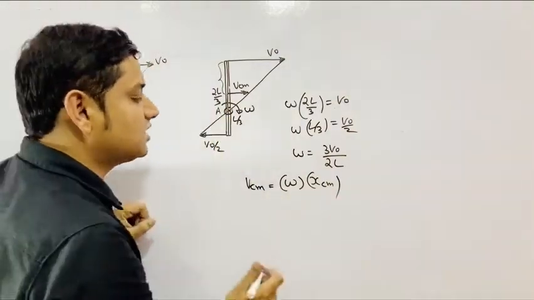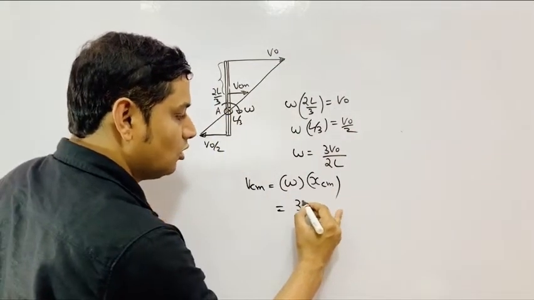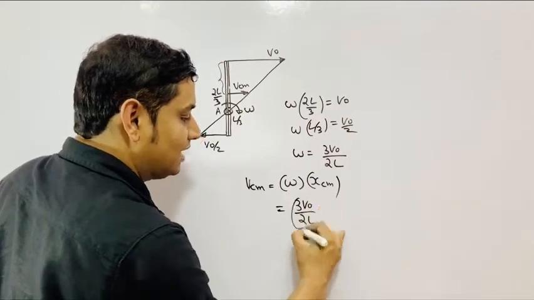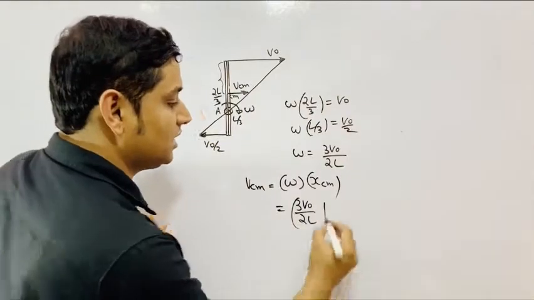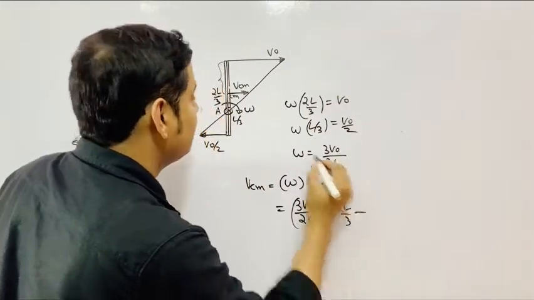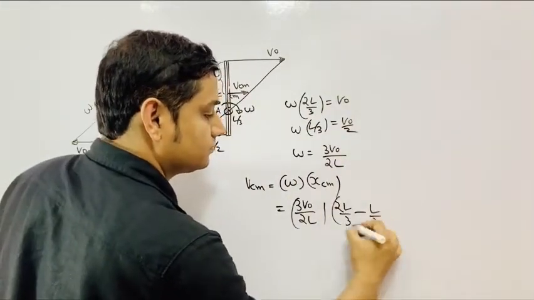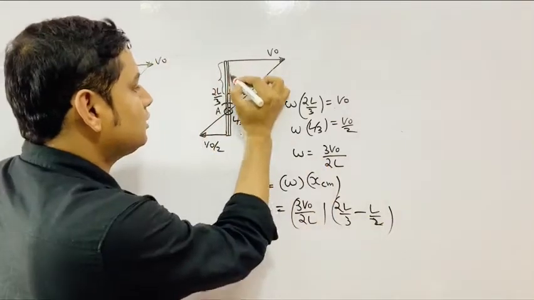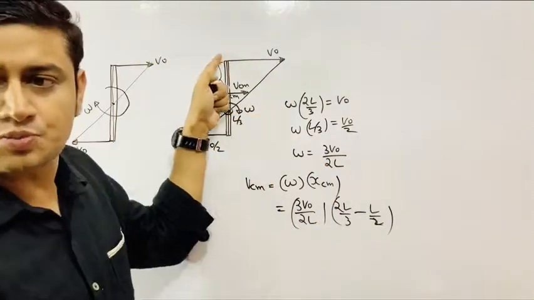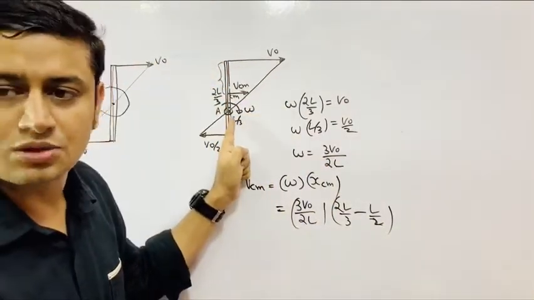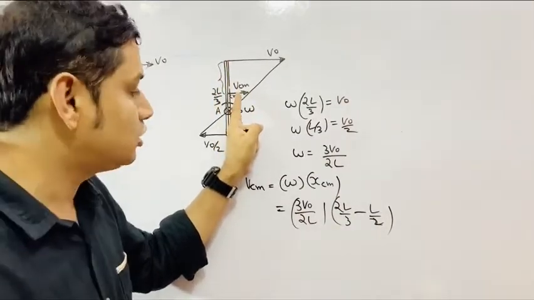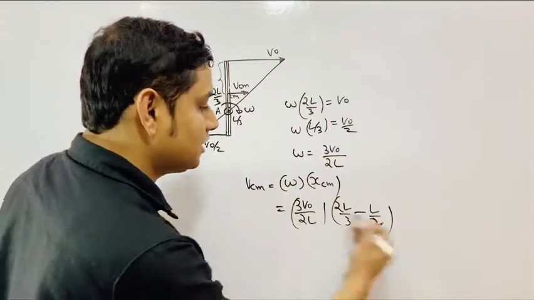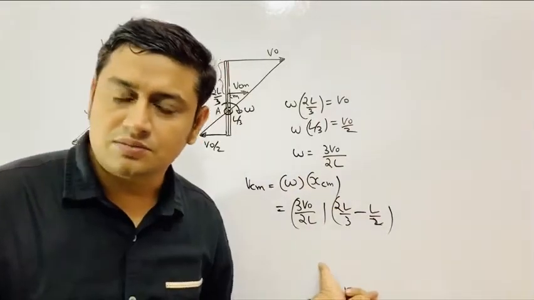Omega is 3 V naught by 2L, and the distance is 2L by 3 minus L by 2. So subtract it, and you would get the value for the center of mass.